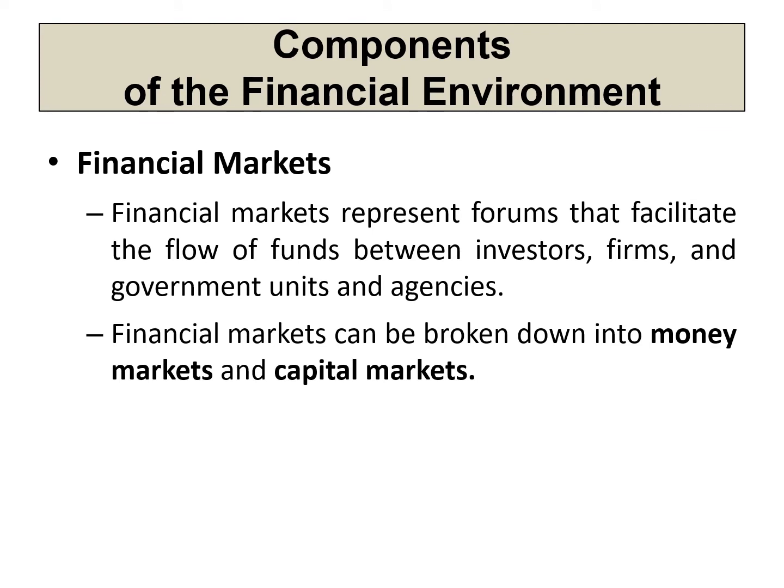And the third component of the financial environment is financial markets. Financial markets represent forums that facilitate the flow of funds between investors, firms, and government units and agencies. These financial markets can be broken down into the money market and the capital market.